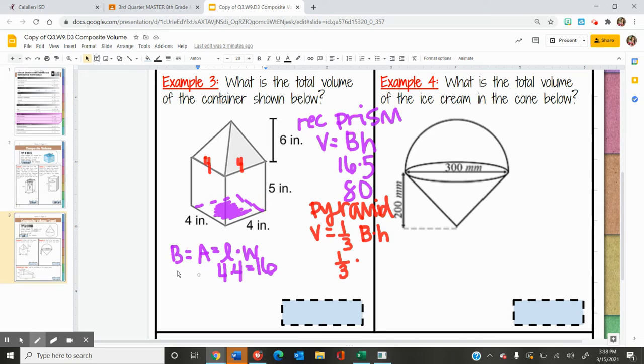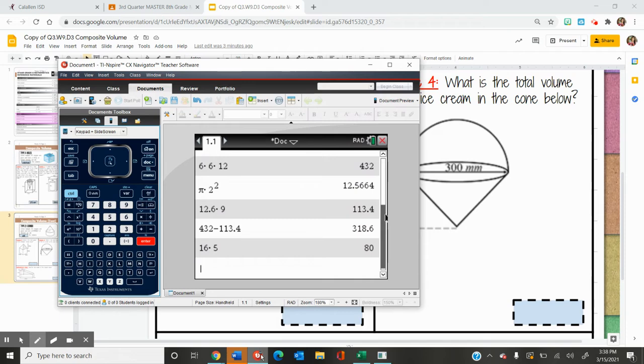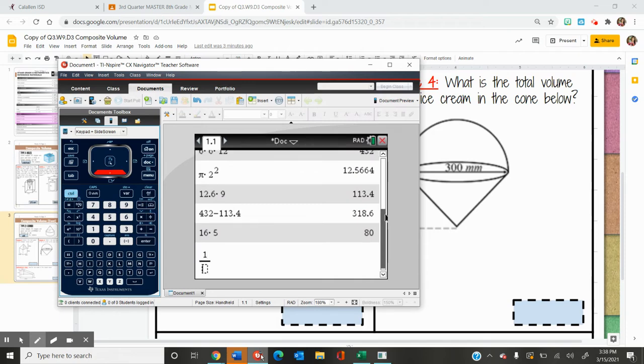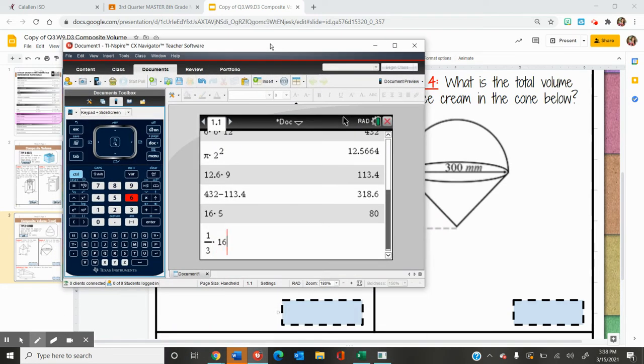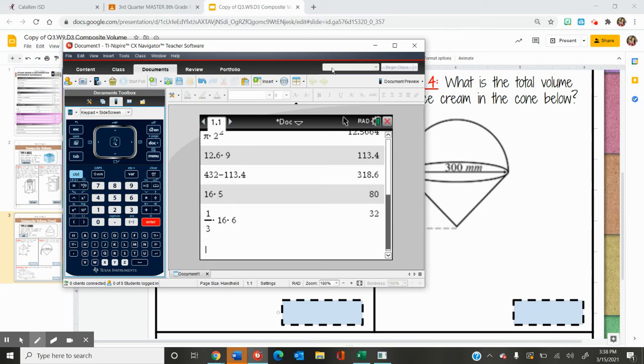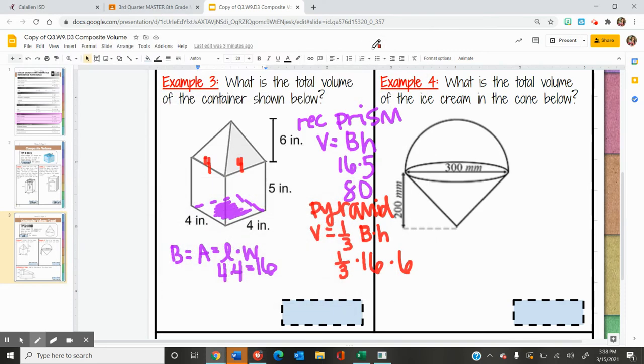So here we have already found the area of my base shape because they are the same base. So this is also 16 times the height of my pyramid, which is 6. So in my calculator, my first step is to do control divide. I have 1 on top, 3 on the bottom. I am multiplying that by the area of my base, which is 16 times 6. And I get 32.